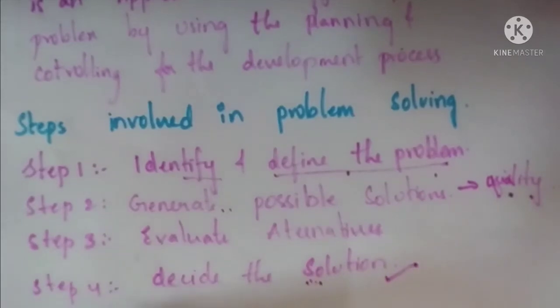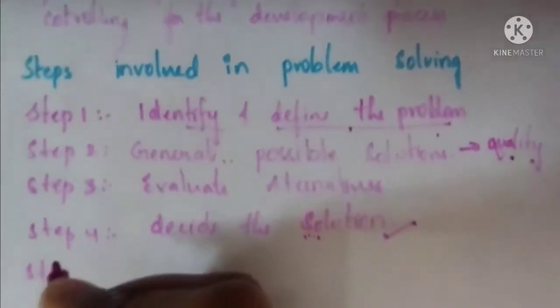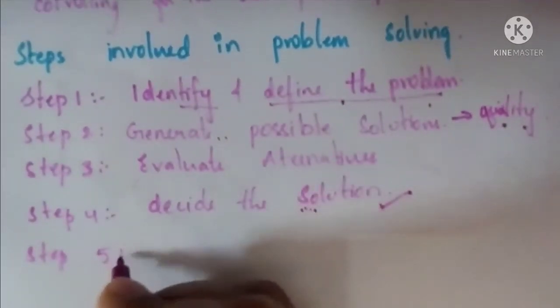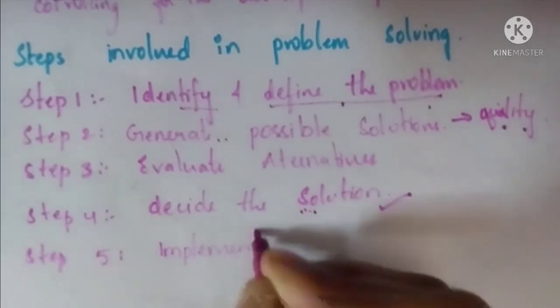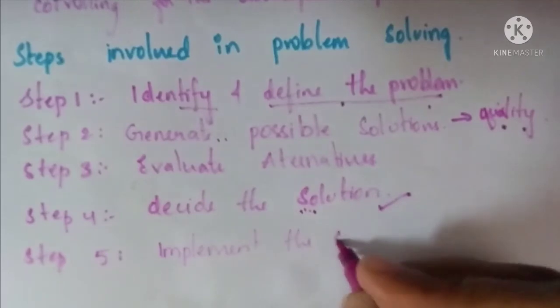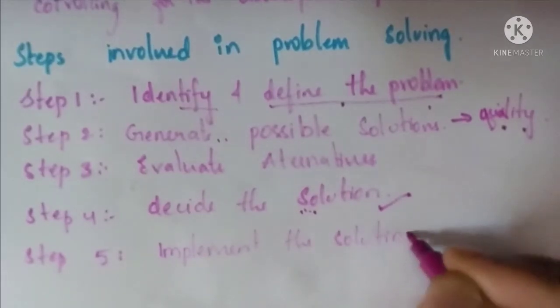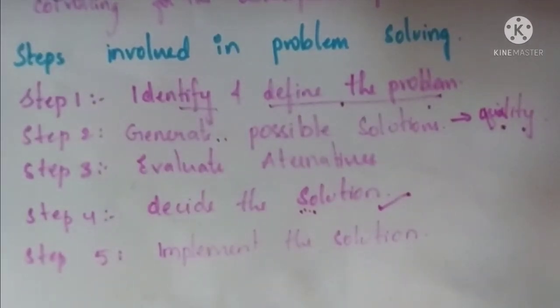Okay, coming to the next step, that is the fifth step. The fifth step is to implement the solution. After deciding the solution, we are going to implement that solution. Here the solution is nothing but a program. After deciding the solution to that particular program, we are going to implement that program.